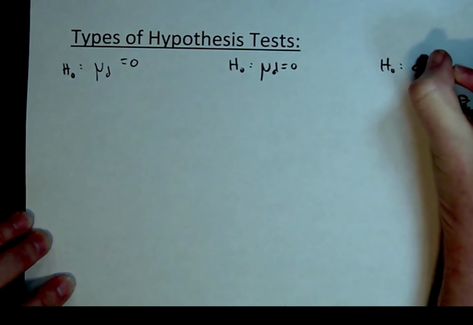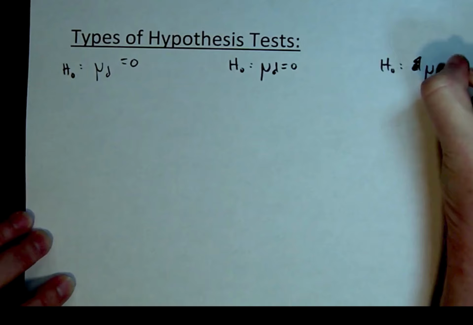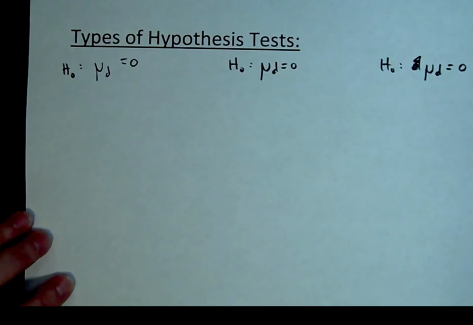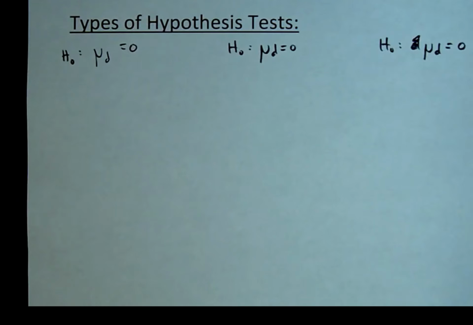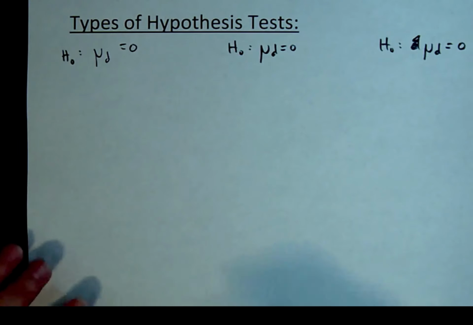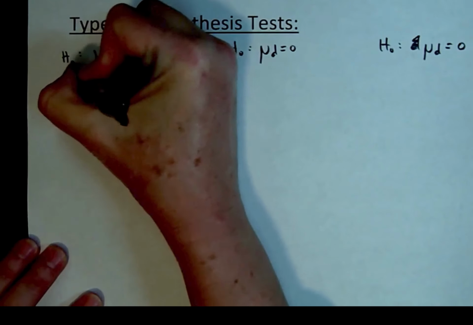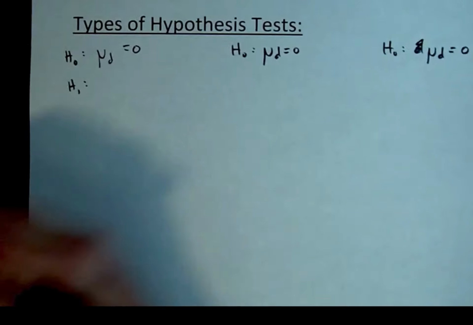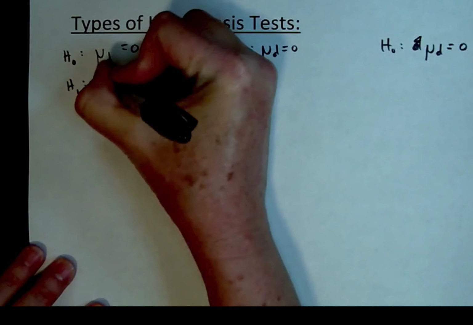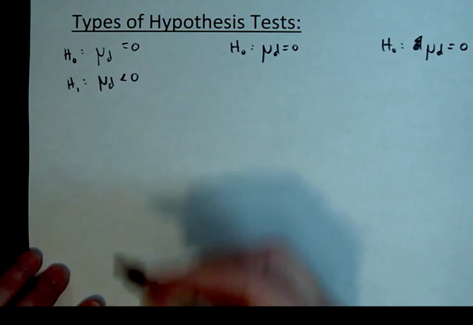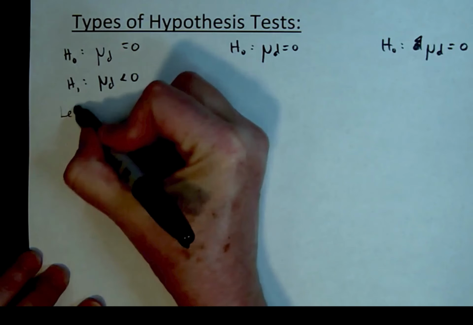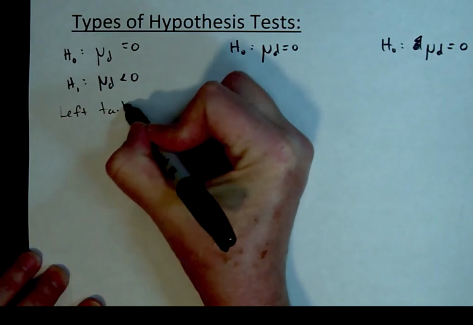Remember, the null hypothesis always represents no difference, no change, or something of that form. So you're always going to have an equals for your null hypothesis. Okay, then one possible alternate hypothesis is that perhaps that mean difference is actually less than 0. So that would be a left-tailed test.